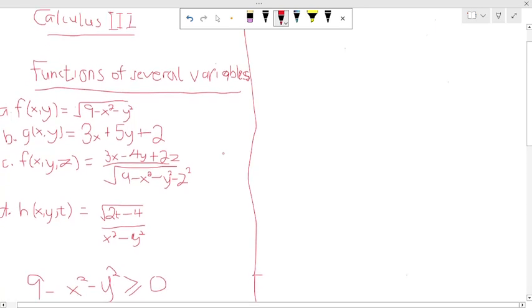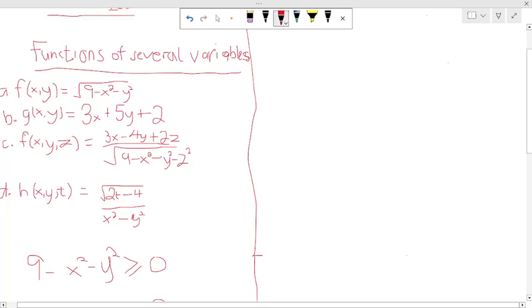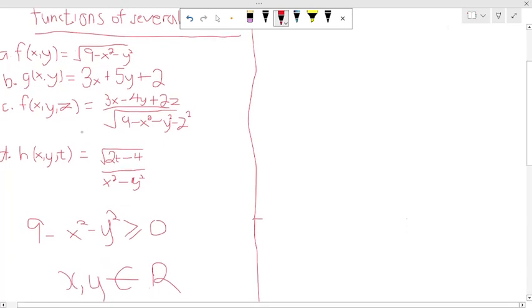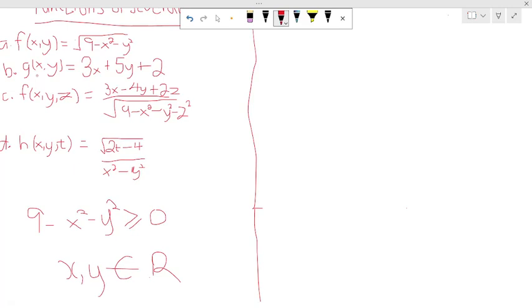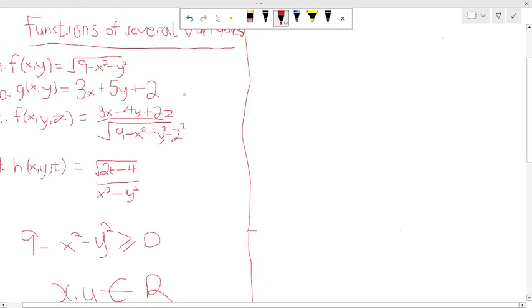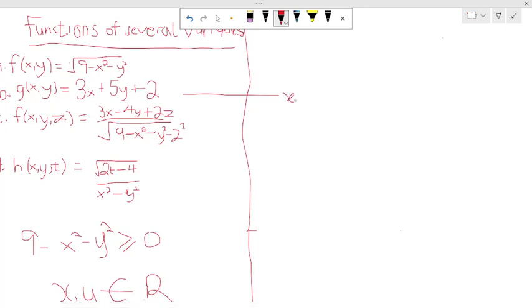So let's say, taking example b, that's the second example, we have g of x, y being equal to 3x plus 5y plus 2. Let's say we are to evaluate this function whilst x, y approaches a certain value. So let's say they approach 2, negative 1.